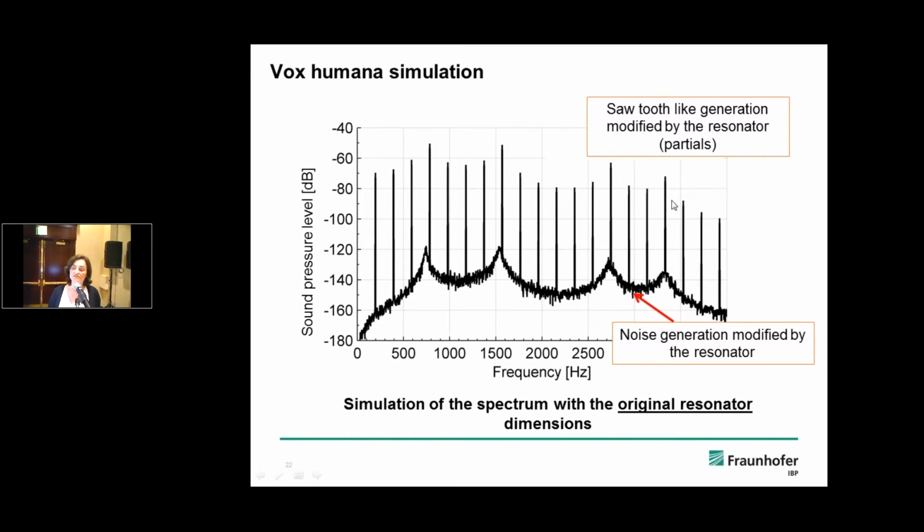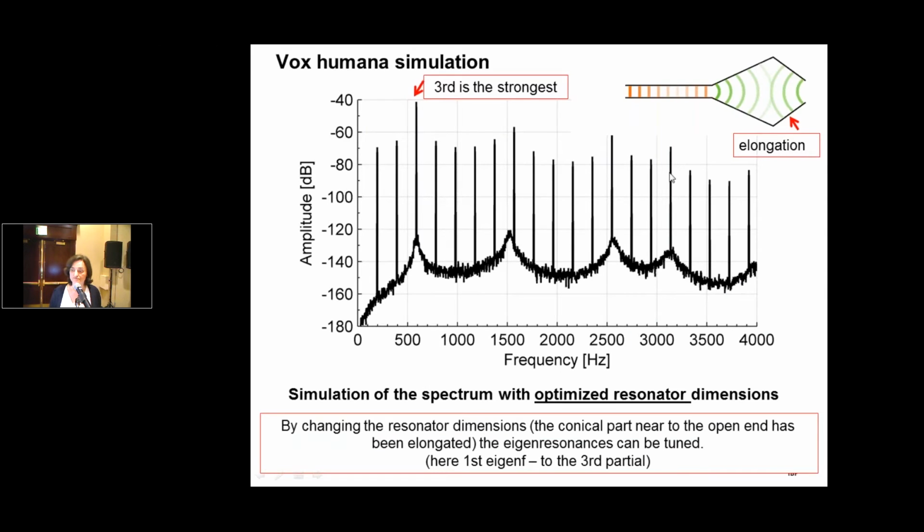Second, we use a sawtooth or sawtooth-like generation, which will also be modified by the resonator. In this case, you can see that the third partial is not the largest one, but for a Vox Humana pipe, the third partial should be the strongest one. Because of this, we now use the software to optimize the sound.